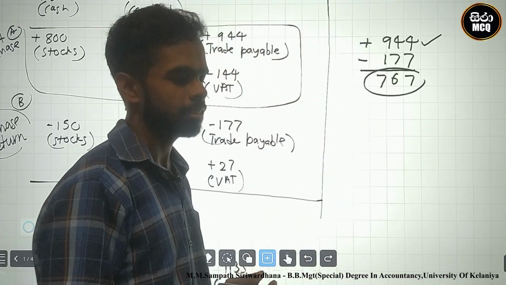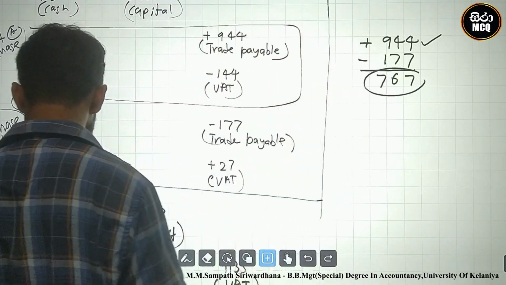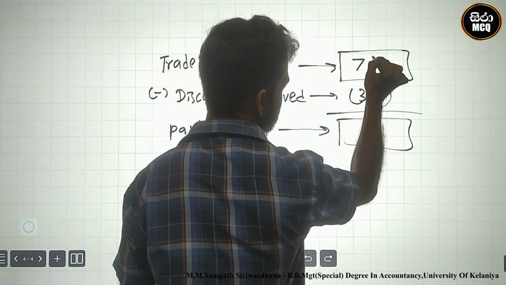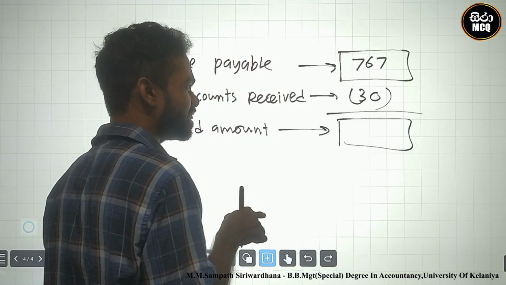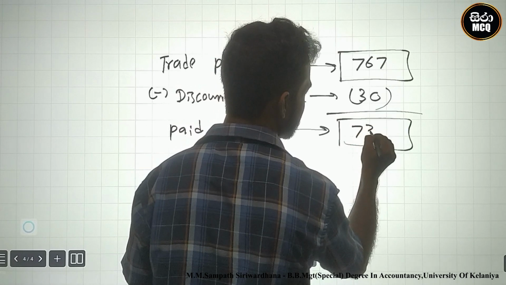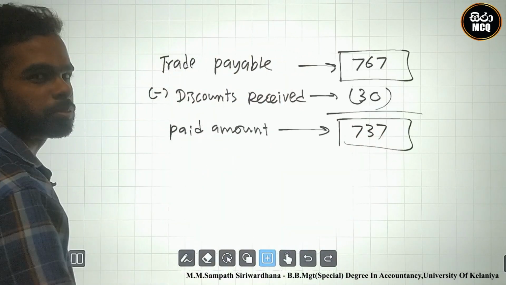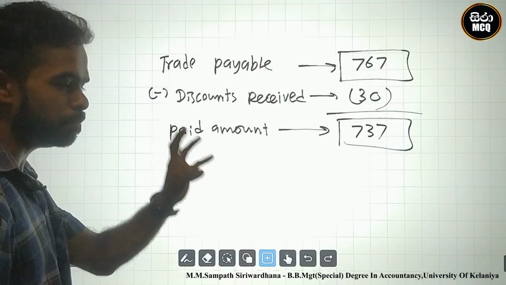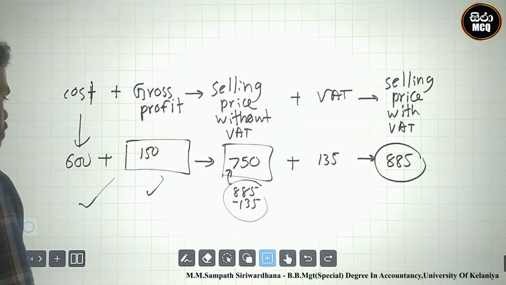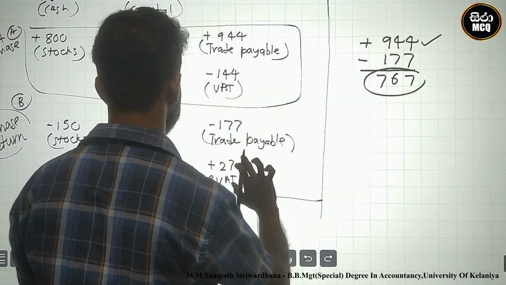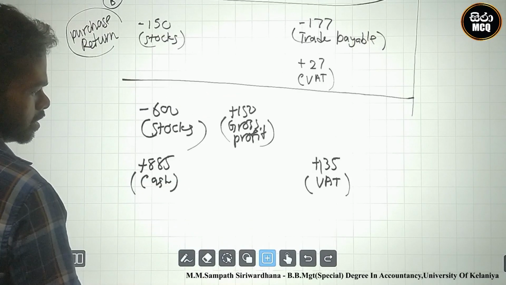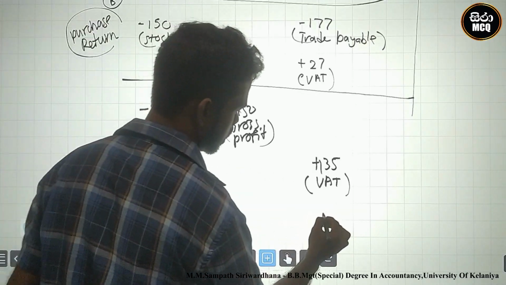767 with VAT. This 767 is the trade payable. After that we must deduct the discount received amount of 30,000, and this is the paid amount. After that we can identify the impact. 767 is deducted from trade payable. Trade payable is a liability, so we must deduct in this column.